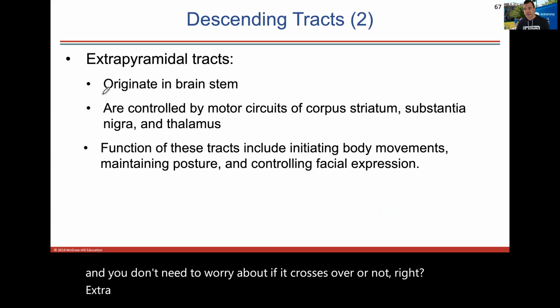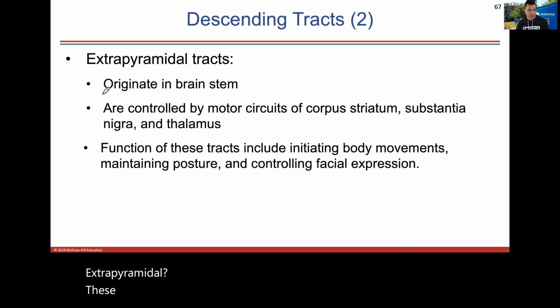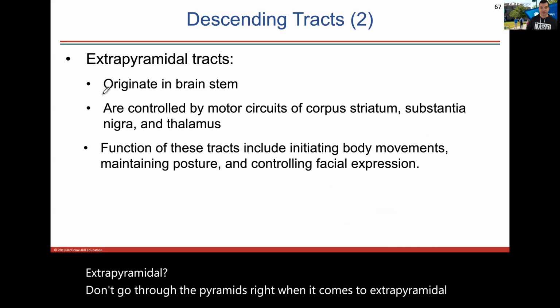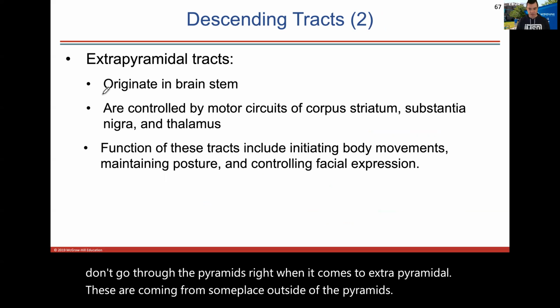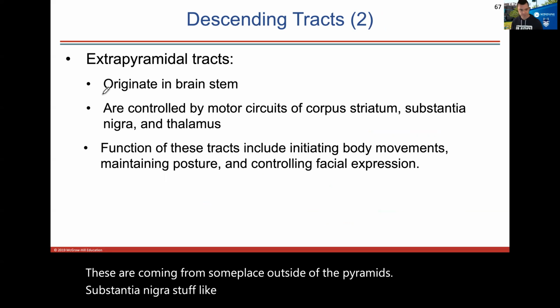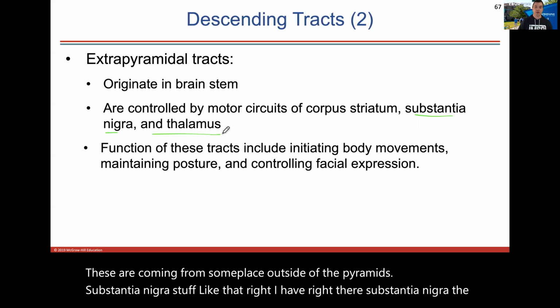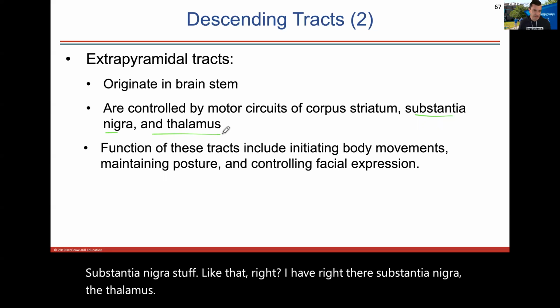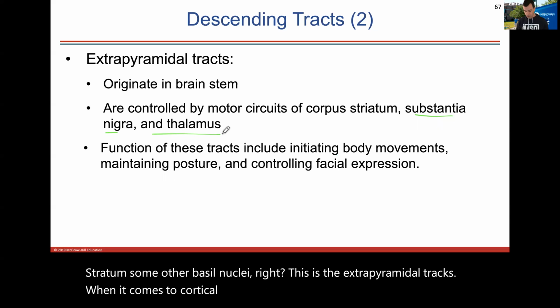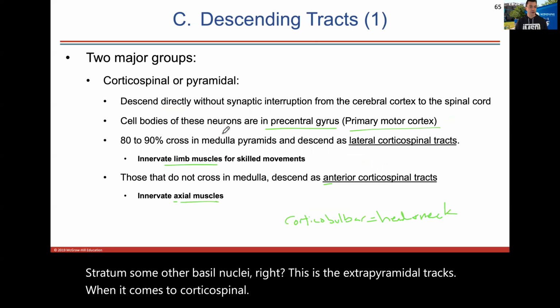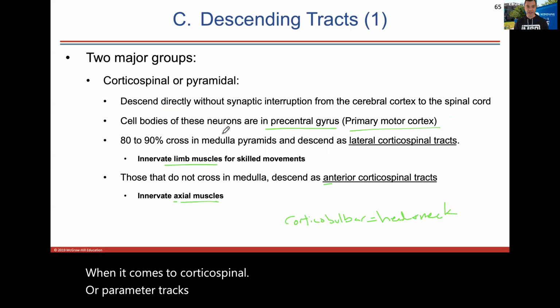Extrapyramidal, these don't go through the pyramids, all right? When it comes to extrapyramidal, these are coming from someplace outside of the pyramids. Substantia nigra, stuff like that. The thalamus, okay? Corpus striatum, some other basal nuclei, right? This is the extrapyramidal tracts. When it comes to corticospinal or pyramidal tracts, there are just anterior and lateral, and that's it.